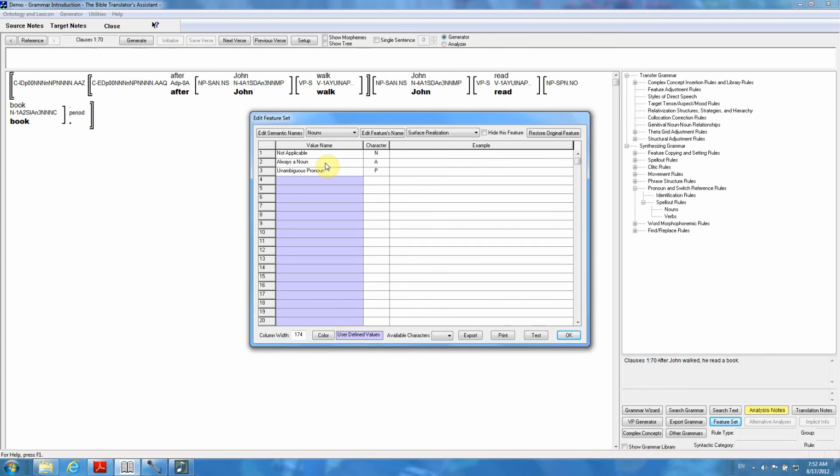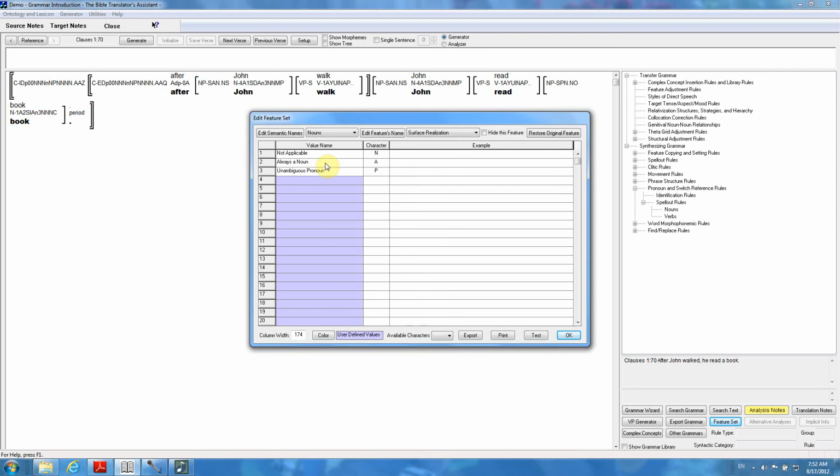For example, in John 1:1, "In the beginning was the Word, and the Word was with God, and the Word was God." All three occurrences of Word are marked as always a noun. The Greek text uses three nouns there. The English translations use three nouns there. So we've marked all three occurrences of Word as always a noun.